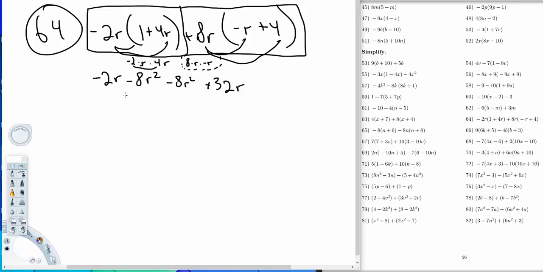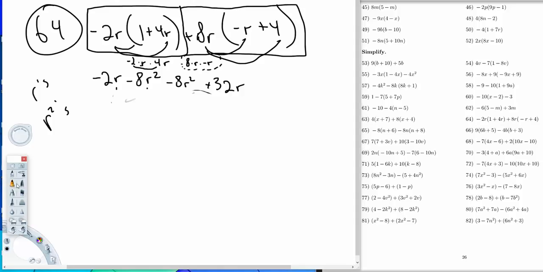All right, so are there any like terms we can combine? Well, yeah, sure. We have the r's here, and then we have the r squared. So these two go together. These two go together. No, I did it wrong. Hold on. Let me use a more effective eraser. All right.